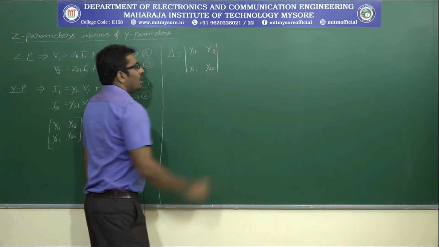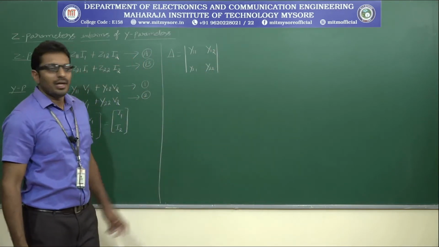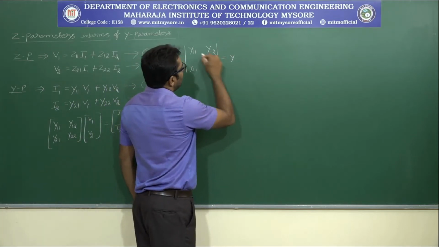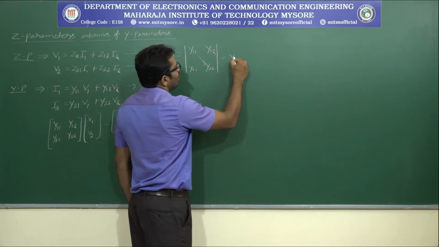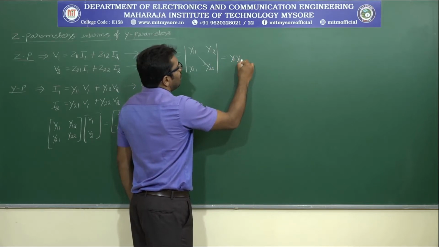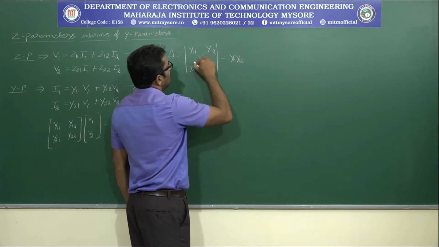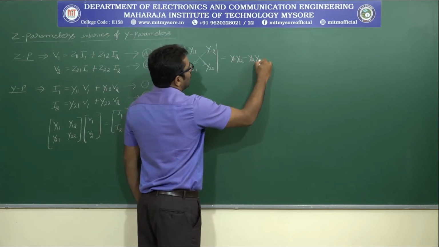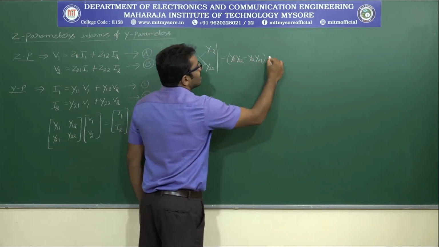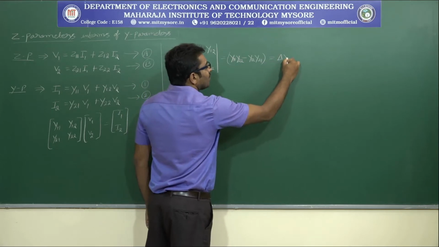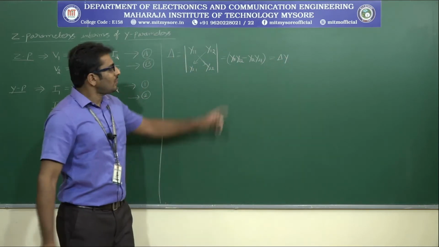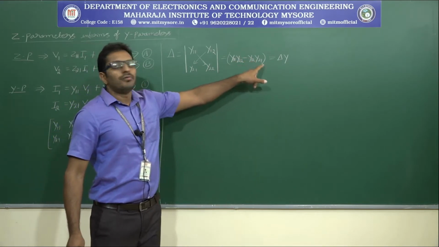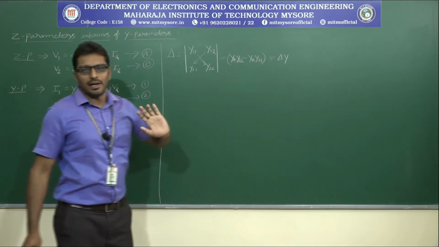How to simplify this determinant? Just cross multiply: Y11 into Y22 minus Y12 Y21, and call it delta Y. So Y11 Y22 minus Y12 Y21 is known as delta Y.